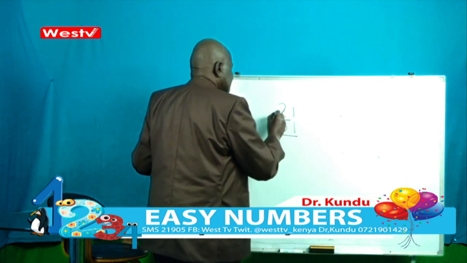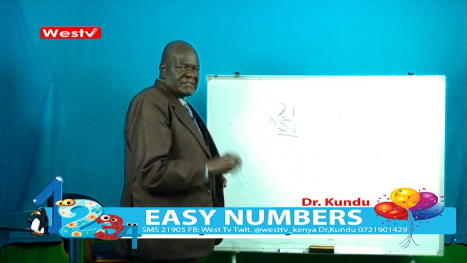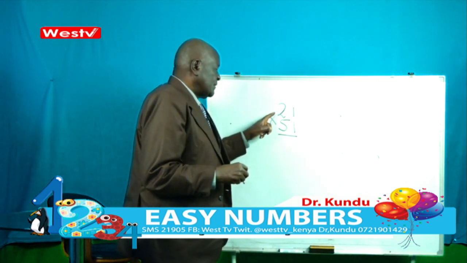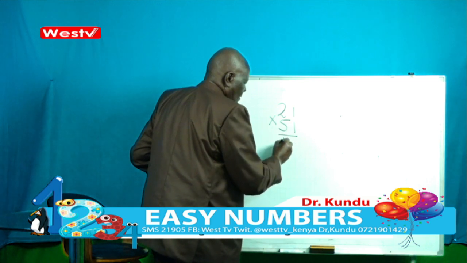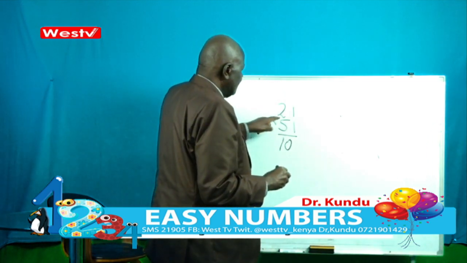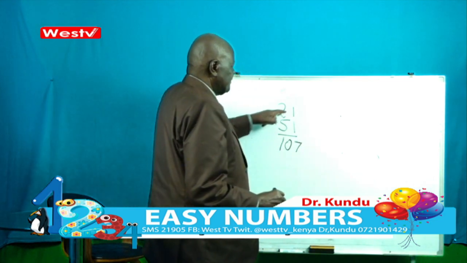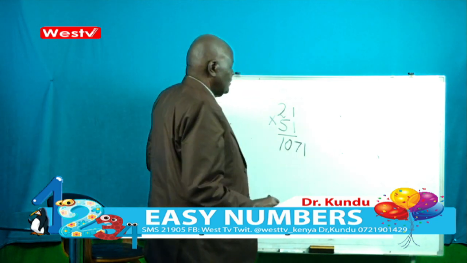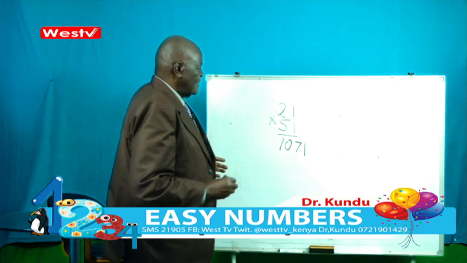My answer is 1071 at a glance. How is it 1071? It is step 1, 2 times 5 is 10. Step 2, 2 plus 5 is 7. Step 3, just drop 1. So that is 1071.